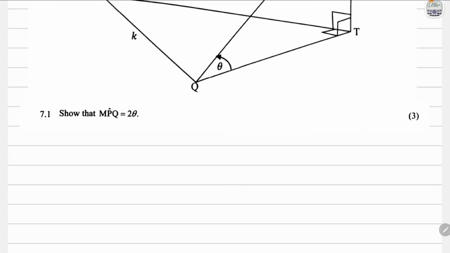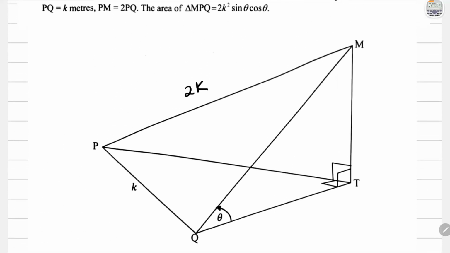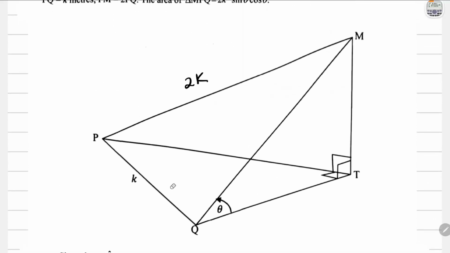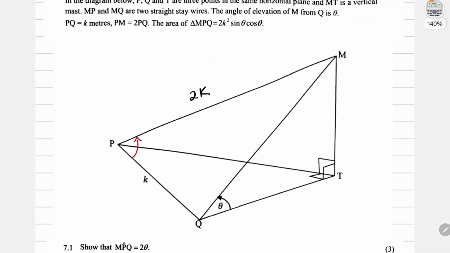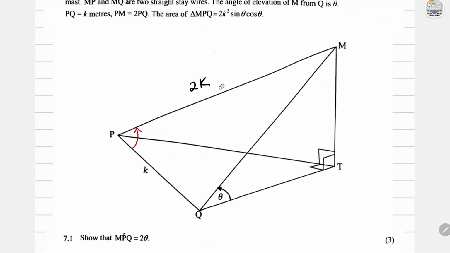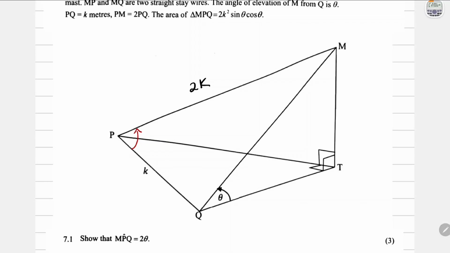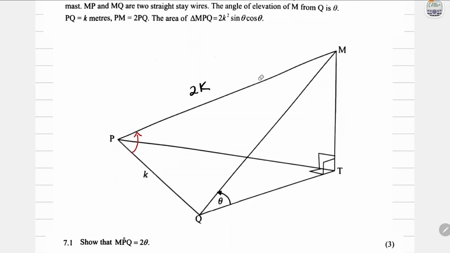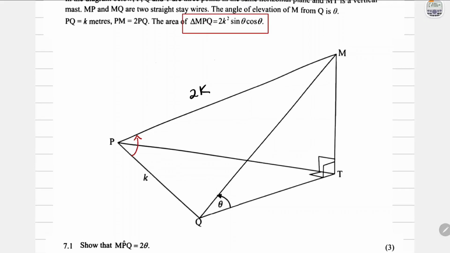Okay, first question. 7.1 says, show that angle MPQ is equal to 2 theta. So we need to find the angle MPQ, this angle over here. They just told us something about this triangle that this angle belongs to. We have the area of triangle MPQ, so we can probably use that.